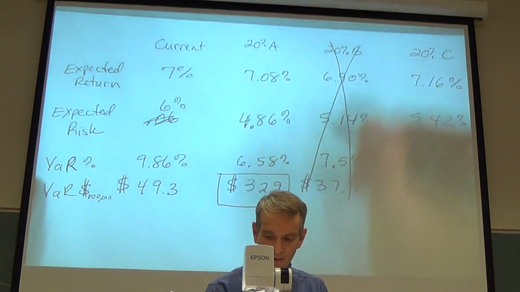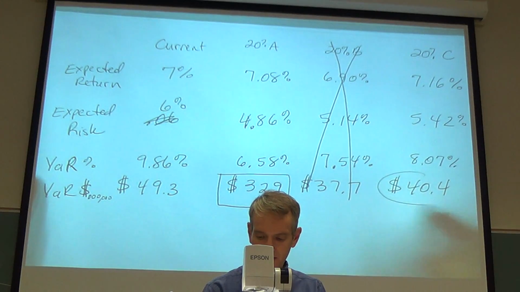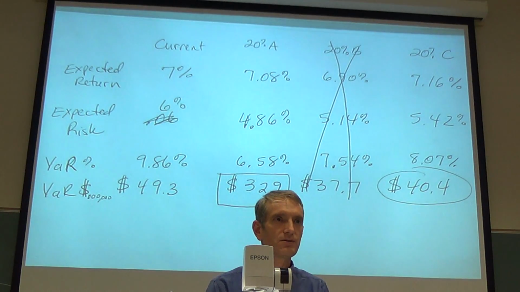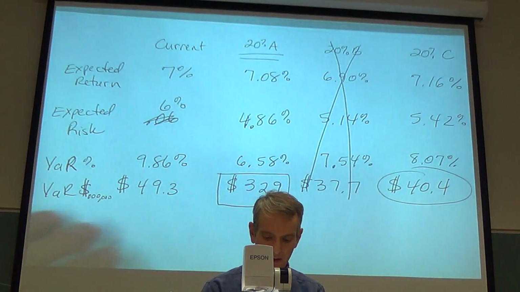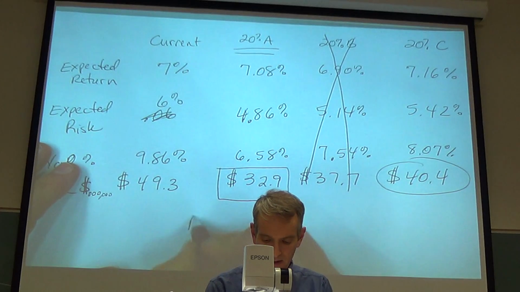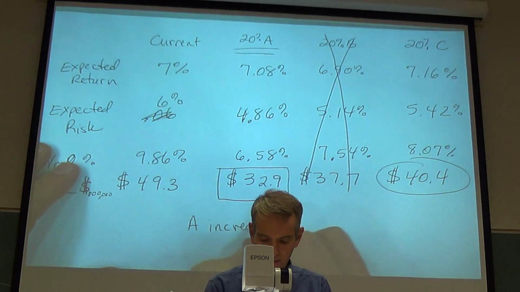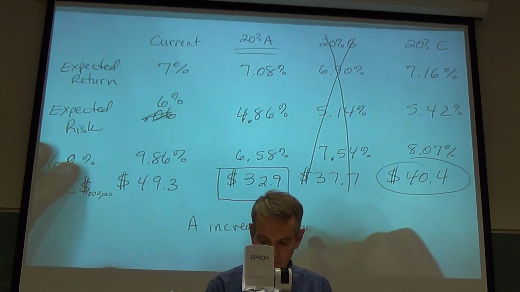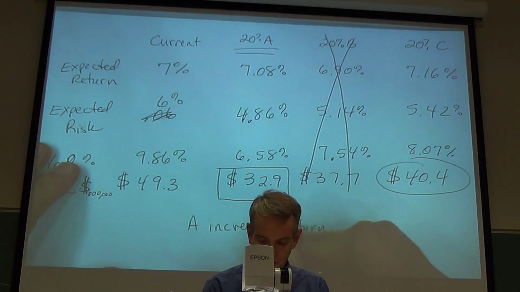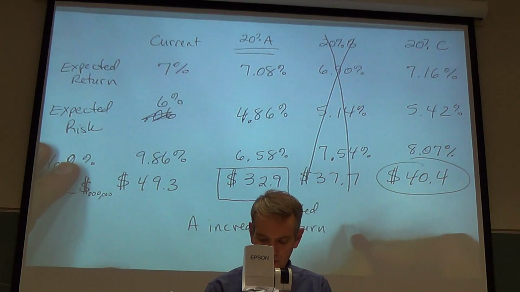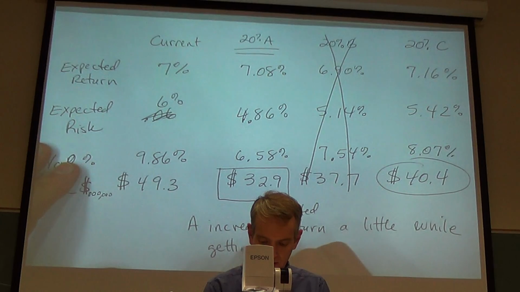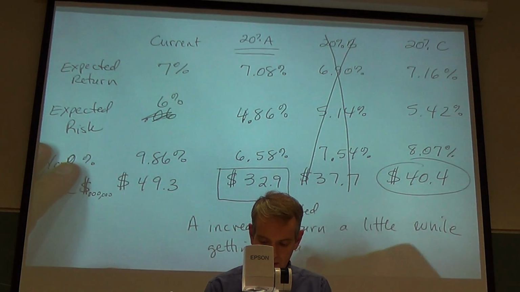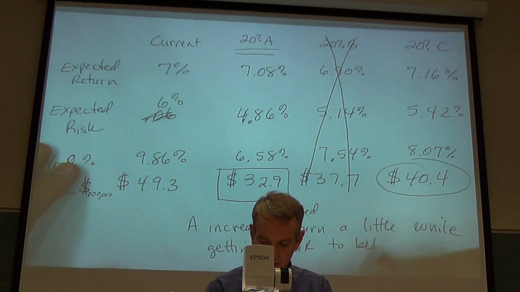So obviously that $50 million VaR was just too much for their clients. So A looks like the right one. C was a contender. It just didn't get the VaR low enough. And that's because this correlation was a little too high. So A is the one we're going to go with. Why? A increases expected return a little while getting VaR to below the desired level.